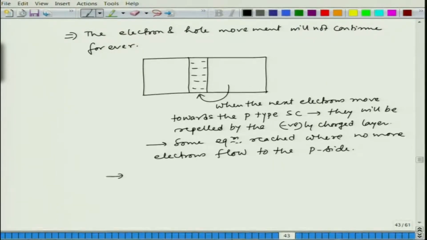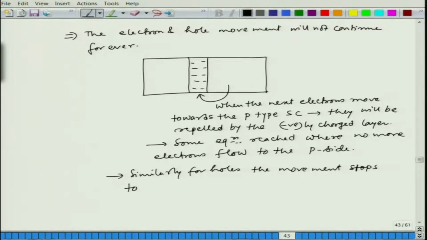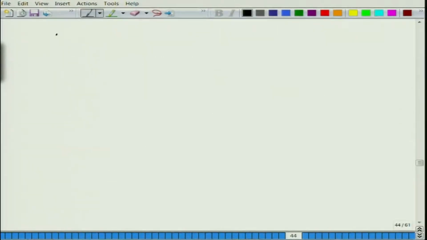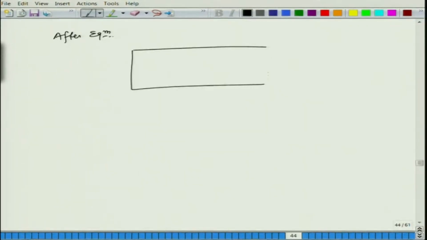And similarly for holes, the movement stops toward the n side. But effectively what you get? Effectively you get, so after equilibrium is reached, effectively what you get?